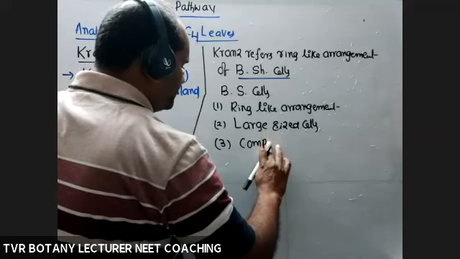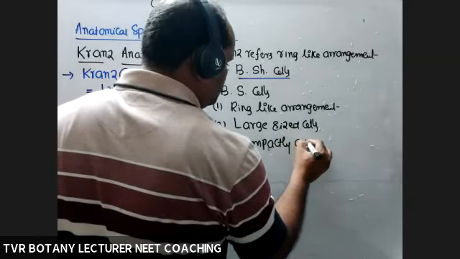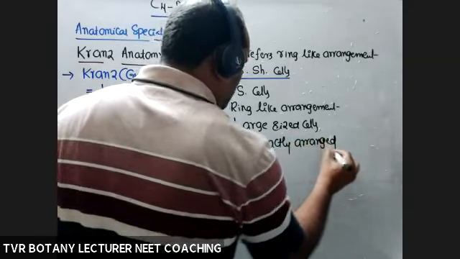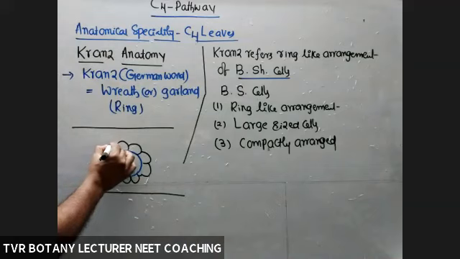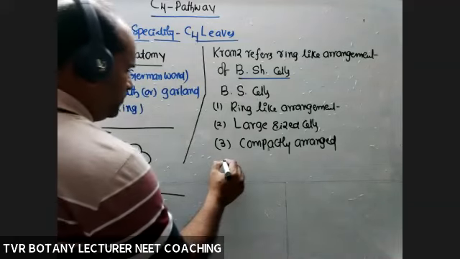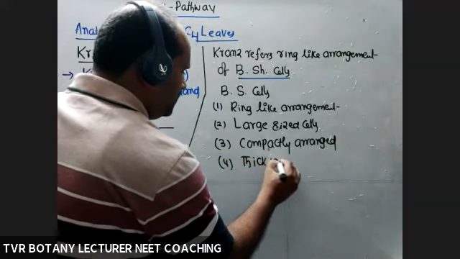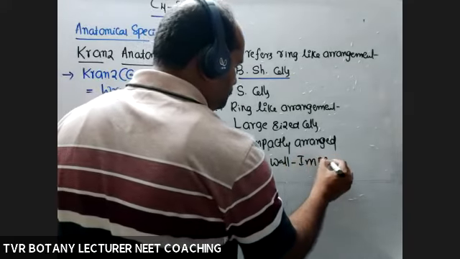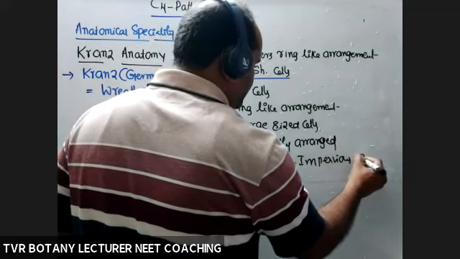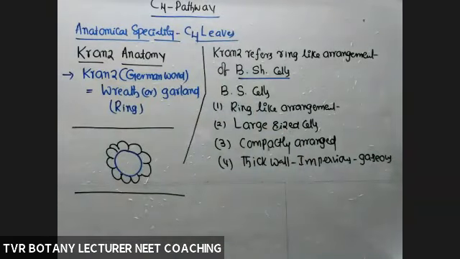Compact means no intercellular spaces, closely associated, compactly arranged. Next, fourth: the cells are thick-walled, impervious to gases and gaseous exchange. Because they are thick-walled, there is no movement of gases.